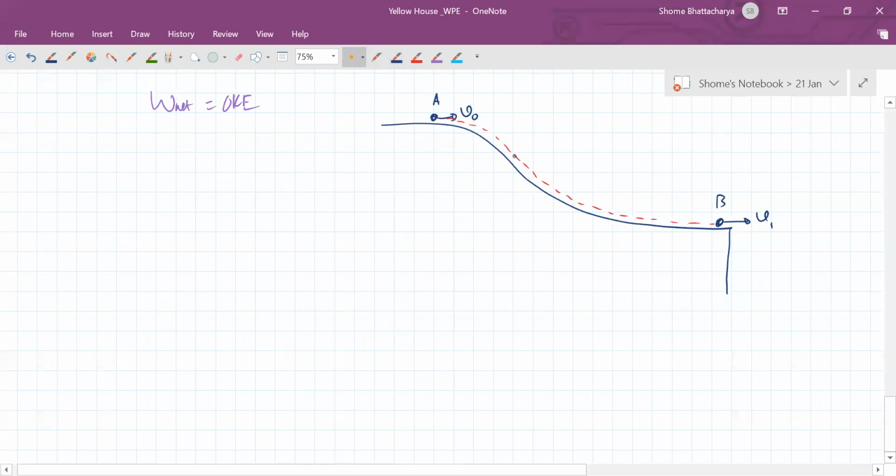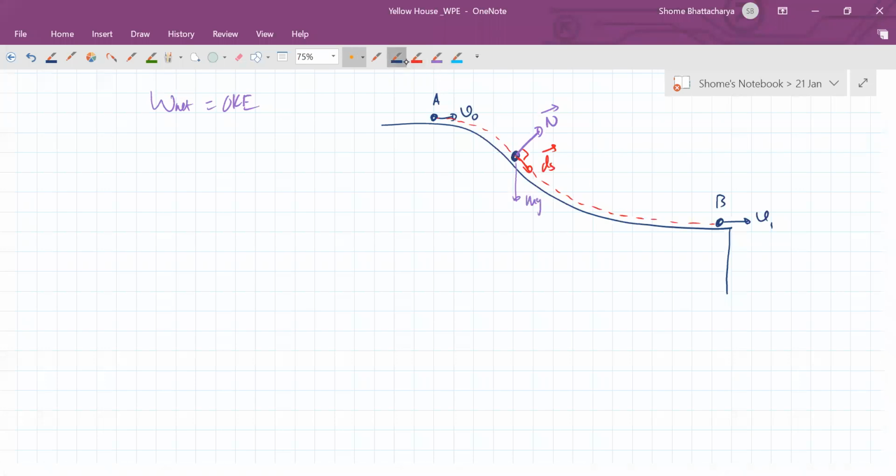At any point on the path, the normal reaction acting on it acts perpendicular to the direction of the instantaneous displacement. Whereas mg acts on it in such a way that the direction is vertically downwards.